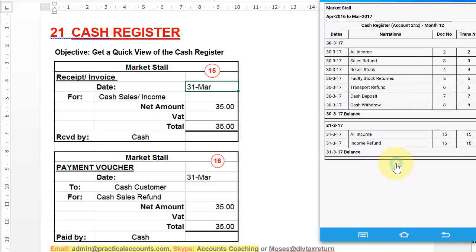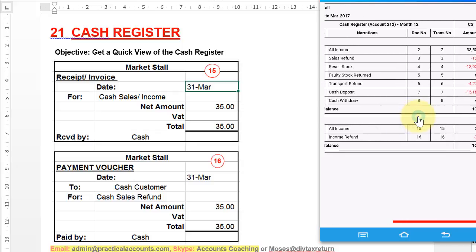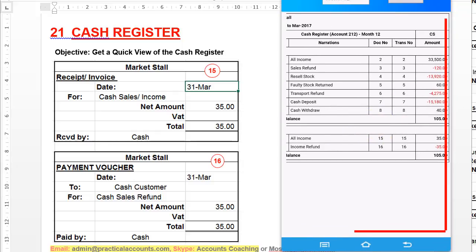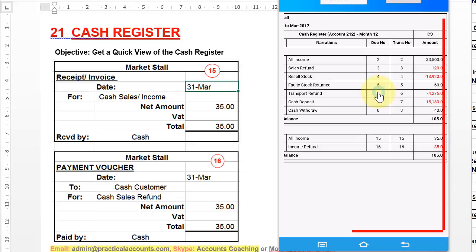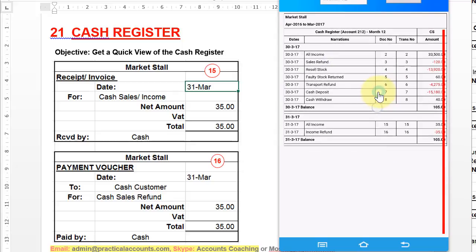So we said this is the cash account, account 212, and it's month 12. The only difference here is that it displays transactions on a daily basis and it generates a balance. Let's drag this here. We found this to be quite helpful to small businesses.